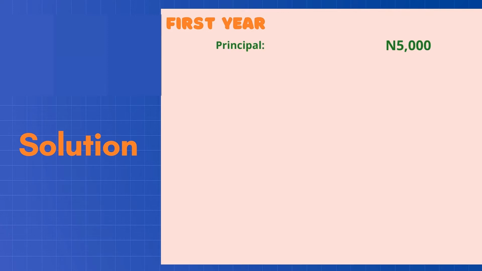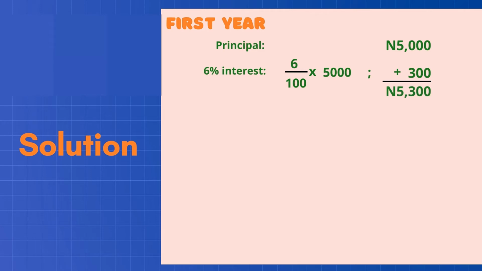Now 6% interest on 5,000 naira: 6% of 5,000 naira, multiplying and dividing, 6 over 100 times 5,000 naira, equals 300 naira. You sum 5,000 naira and 300 to have 5,300. The new principal is now 5,300.